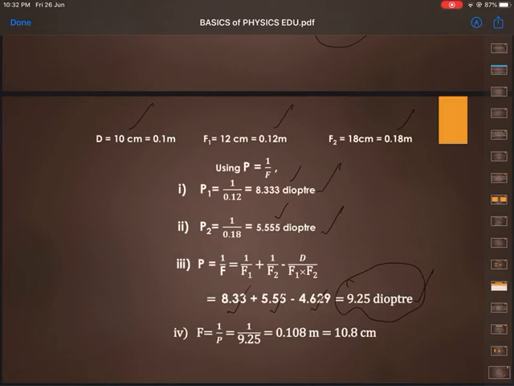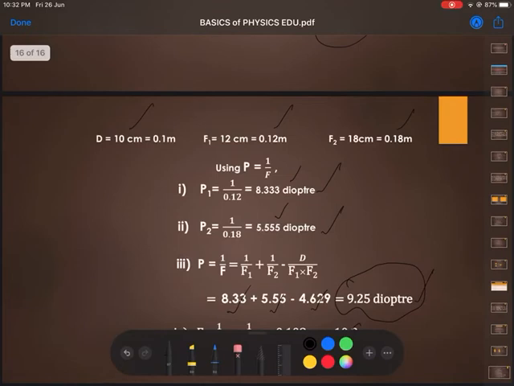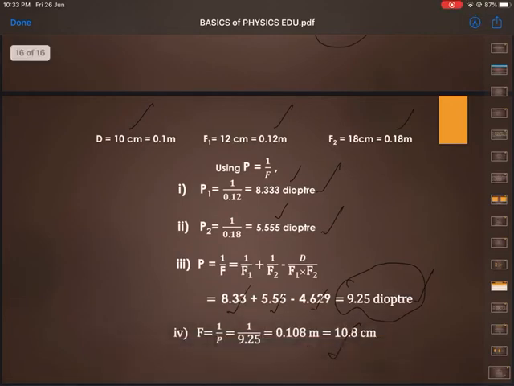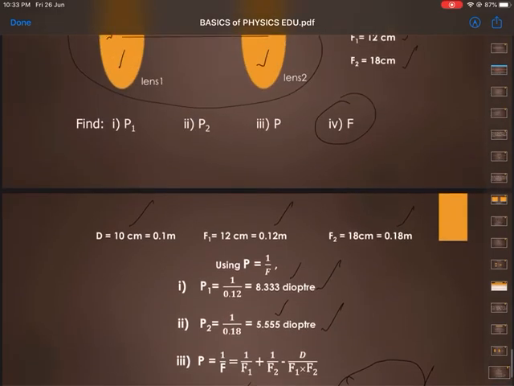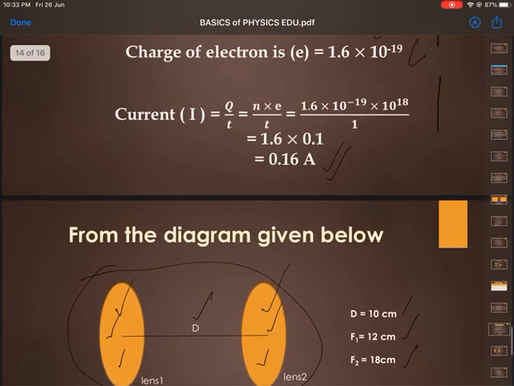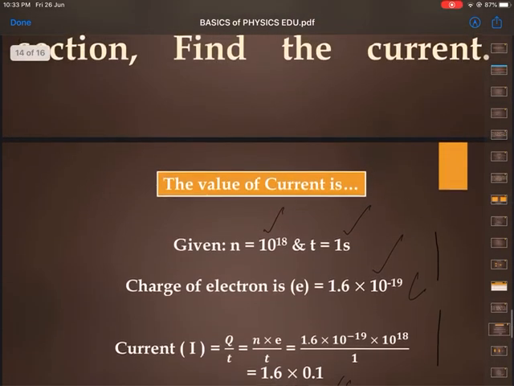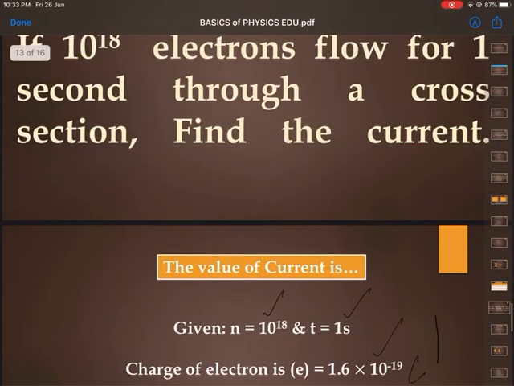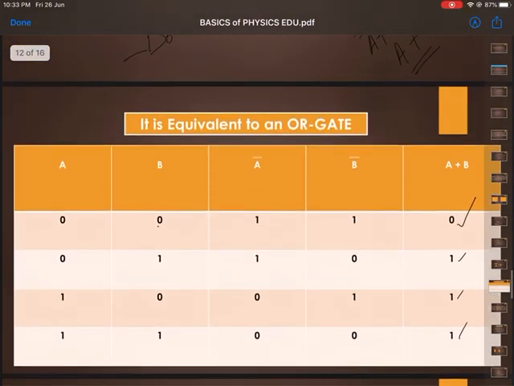And once you know the power, we can find the equivalent focal length as well, which is nothing but 1 upon power. One thing we should remember is that increasing the power of the lens combination is not the only reason for combining lenses. The other important factor is that there are aberrations in the lenses, chromatic aberration, spherical aberration and all, and combining is used to reduce those aberrations also.